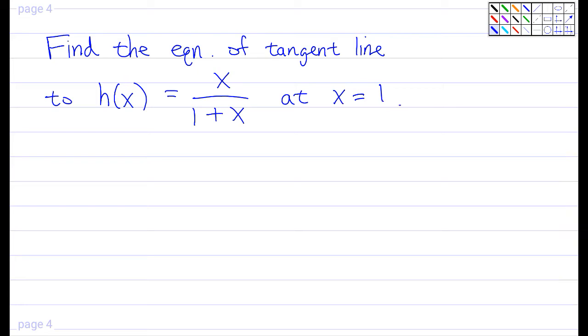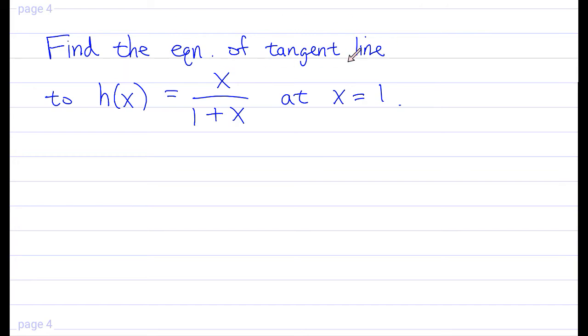So whatever this curve looks like, at x equals 1, it's going to have a tangent line. Remember, that essentially is going to tell us the slope of this curve. The tangent line slope is the same as the slope of this curve, and we have to find the equation of it.